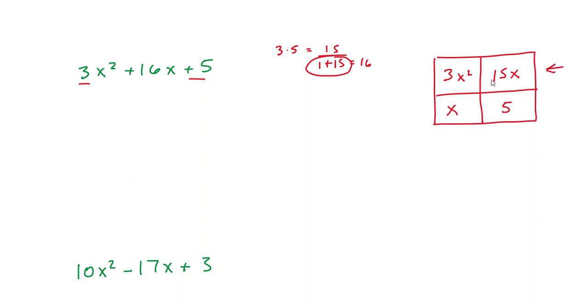The first row has a 3x in common. The second row has nothing in common, x and 5, so we say +1. First column has an x in common, and the second column has that 5 in common, +5. 3x plus 1 times x plus 5.